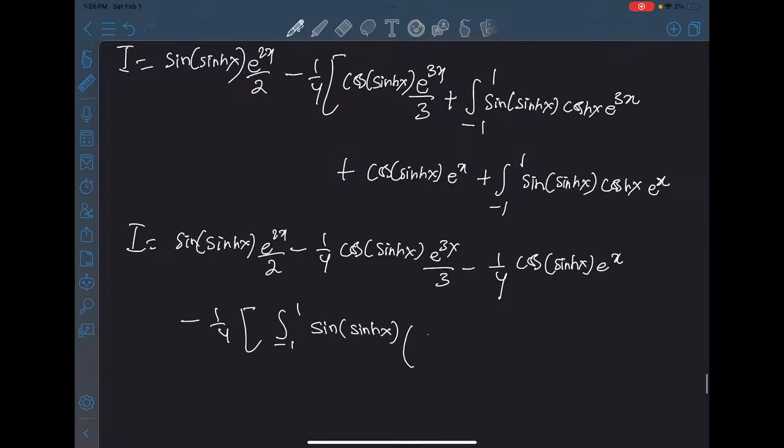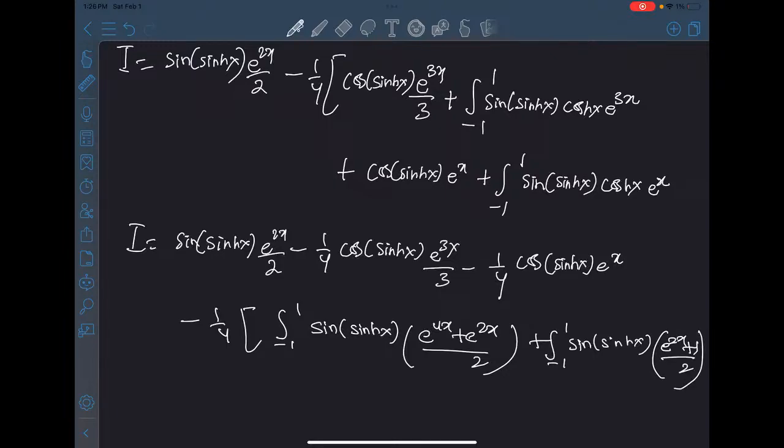Now this just becomes e to the power 4x plus e to the power 2x by 2, right? Plus the integral from minus 1 to 1 of sine of sin x, e to the power 2x plus 1 by 2, right?